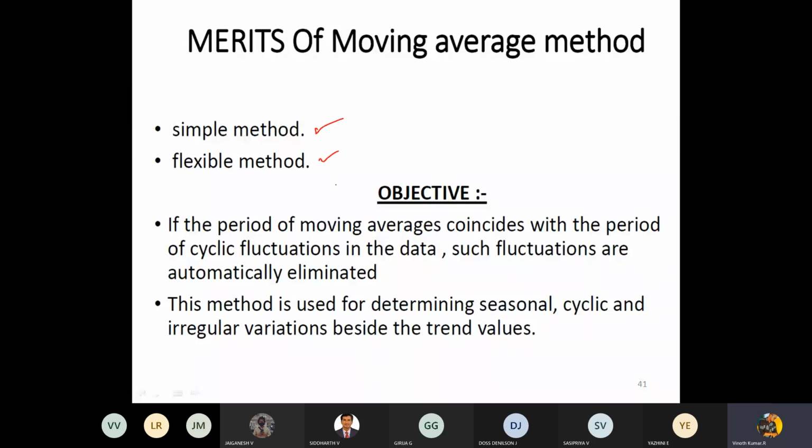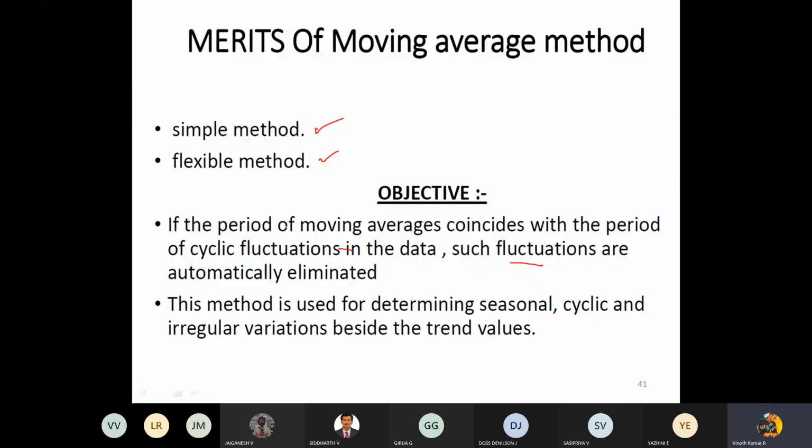If the period of moving average coincides with the period of cyclic fluctuations in the data, such fluctuations are automatically eliminated. This is the main objective of the moving average method. How are the fluctuations automatically eliminated?